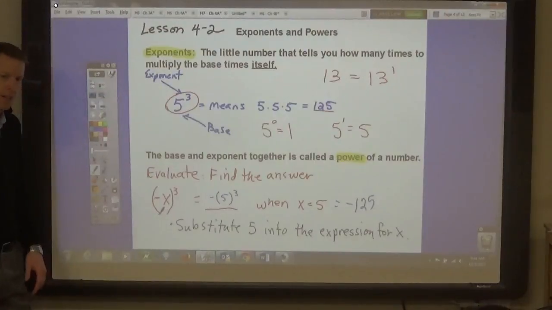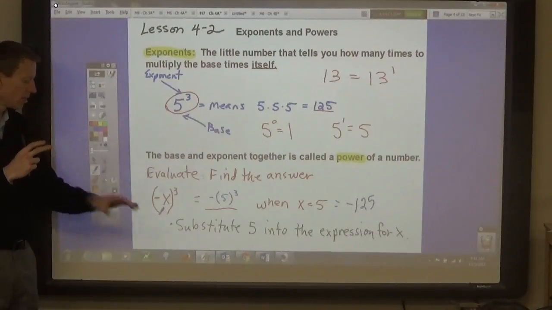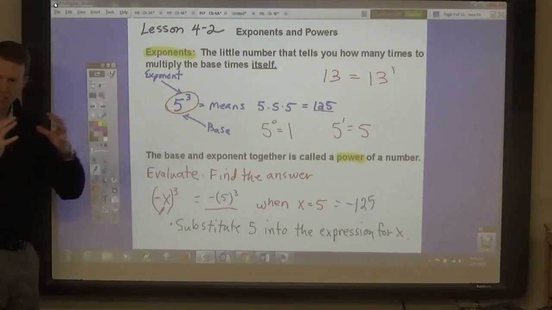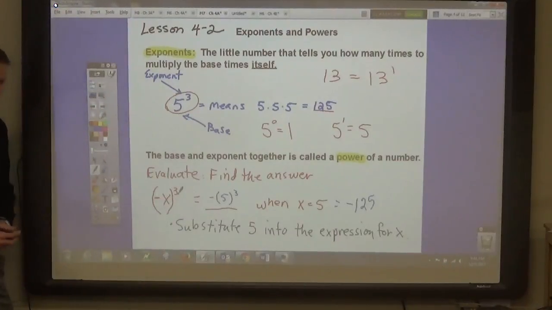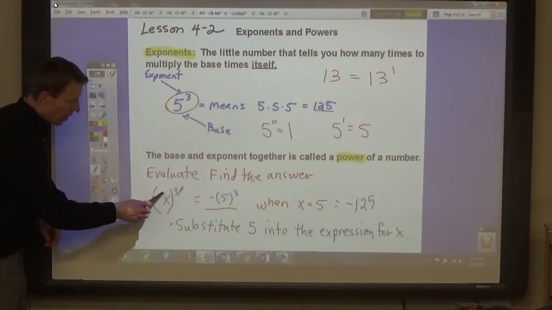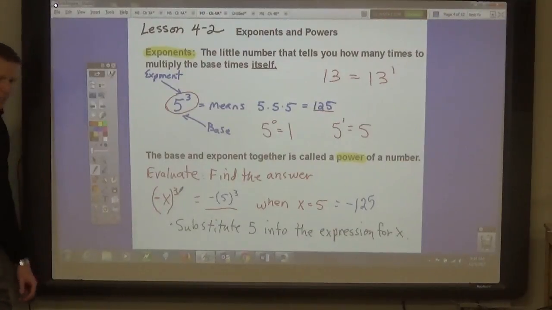But this can be written with parentheses around it. Then you remember that those parentheses are putting the negative sign with the x, with the variable. It's kind of like pushing them together. So now, this whole thing is being taken to the third power. Okay? So this is negative x times negative x times negative x.